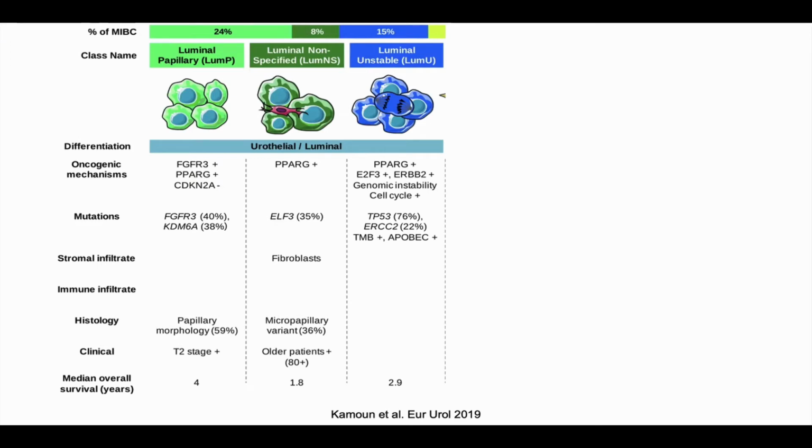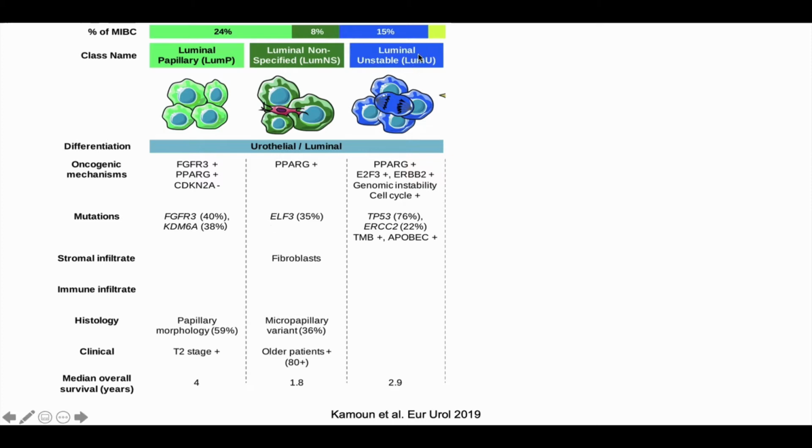They also generally have the best prognosis, and I'll come back to them at the end because they are the ones that are least likely to be upstaged at the time of cystectomy, so upstaged from non-muscle invasive or T2 up to T3, T4.